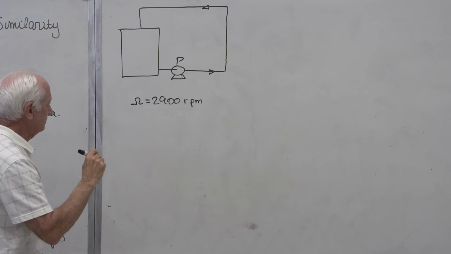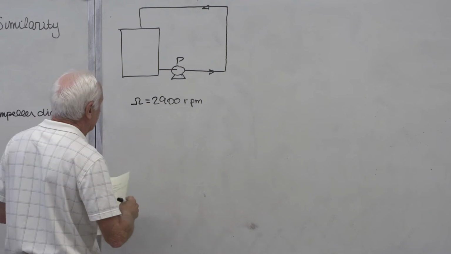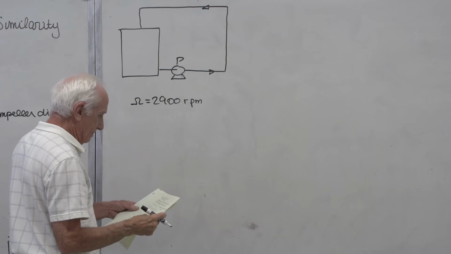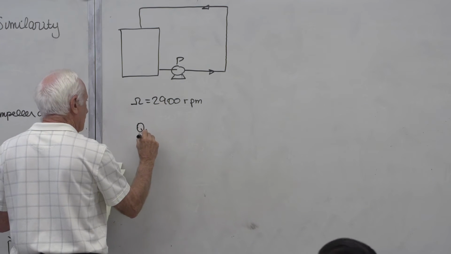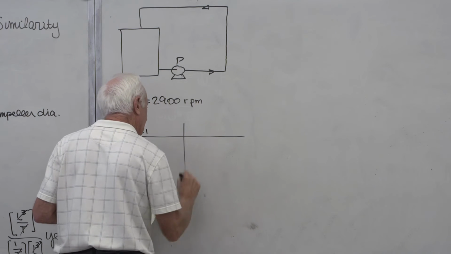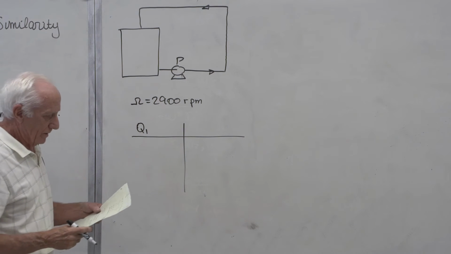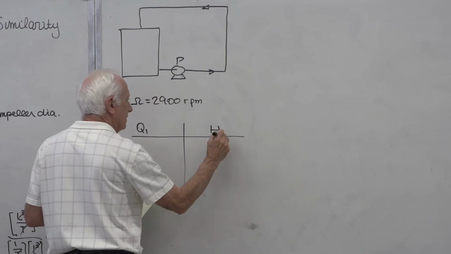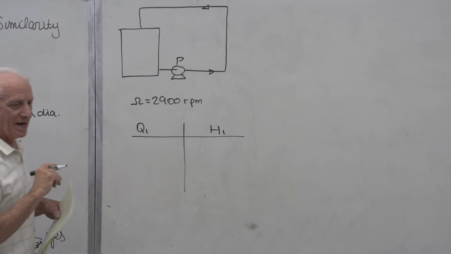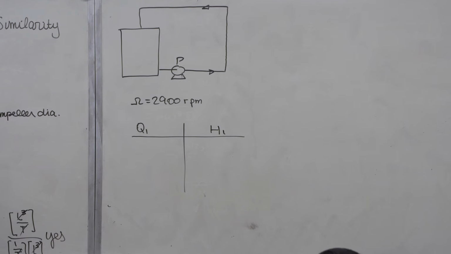And I get this data. Here's my data. I measure the flow rate Q1 by a turbine flow meter, which is in our lab. I measure the pump head by getting the pressure rise across the pump.